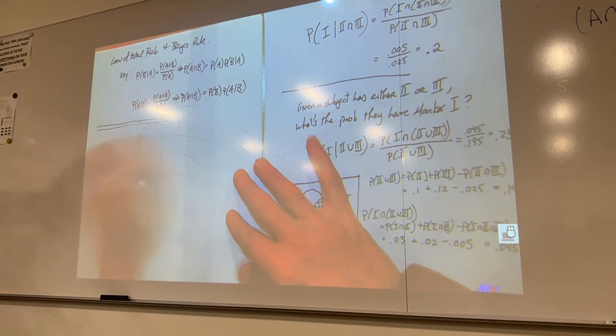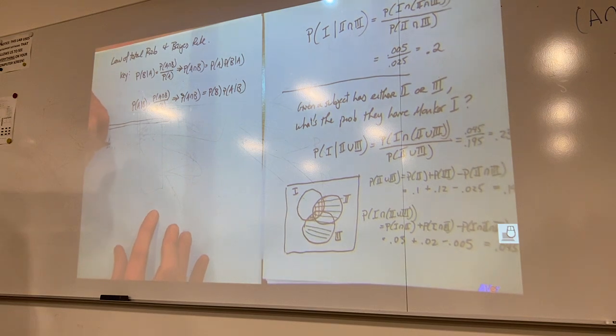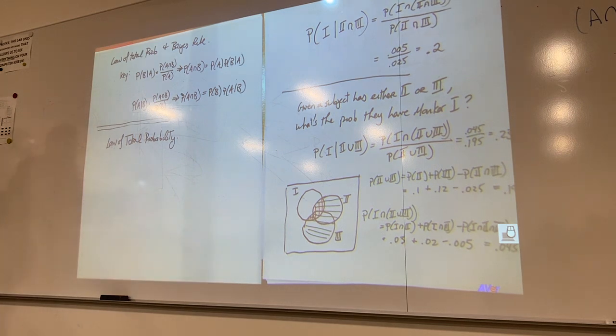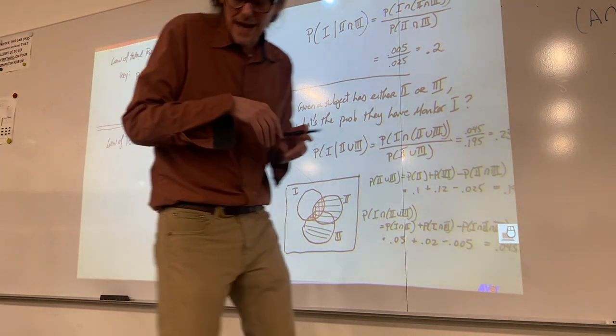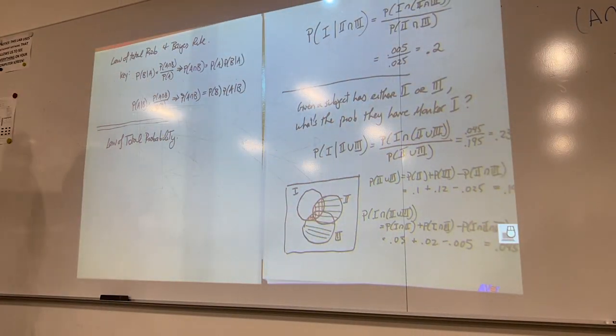Before we get there, let's mention the law of total probability. Now to do that, we should introduce something I haven't mentioned yet. It was in the first section, but a partition.